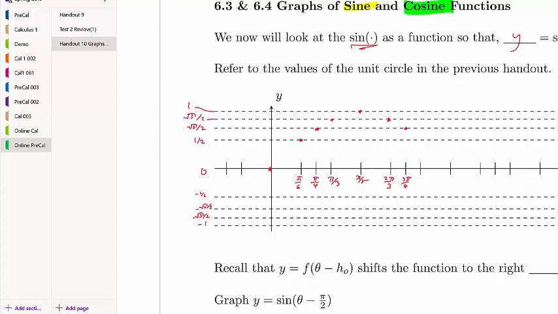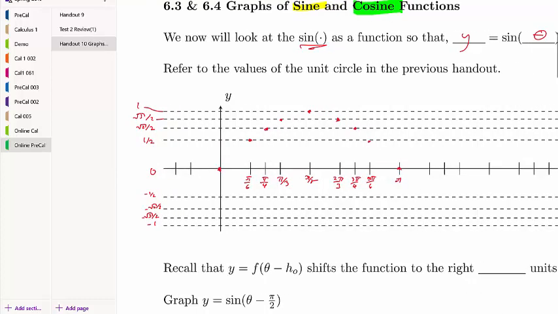And then the next angle we have is 5 pi over 6, and that puts us at 1/2. And then finally we go a full 180 degrees. That is pi radians, which brings us right back down to 0.